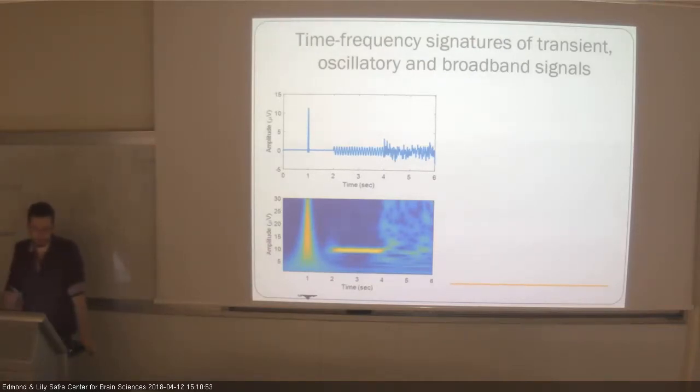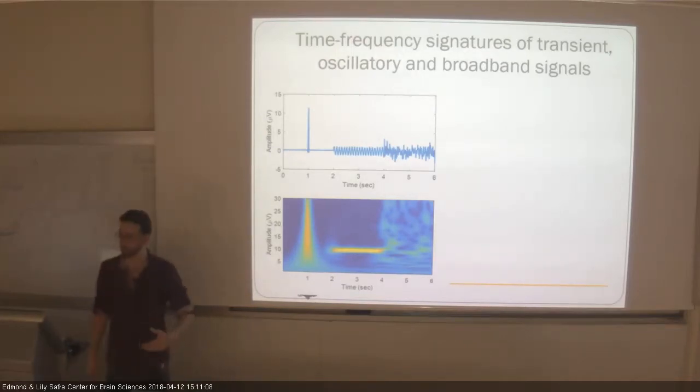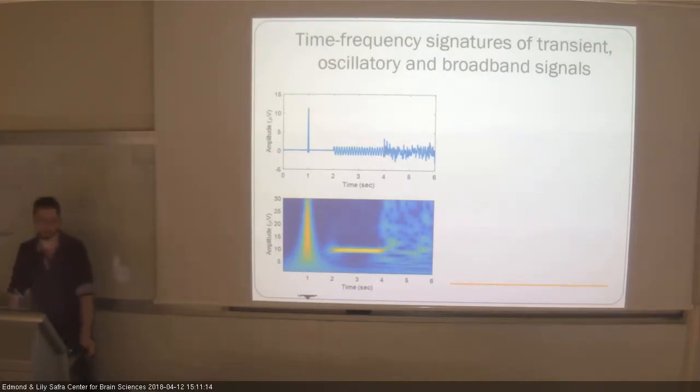It's much easier than you would think for a lot of people to confuse the mathematical idea of spectral decomposition, meaning the idea that a function over time can be represented as a sum of sine functions, with a more physiological interpretation, which is that when we see an increase in a specific frequency band in our signal, this means that there is actually a neural source behaving like a sine wave, behaving like an oscillation. Okay.